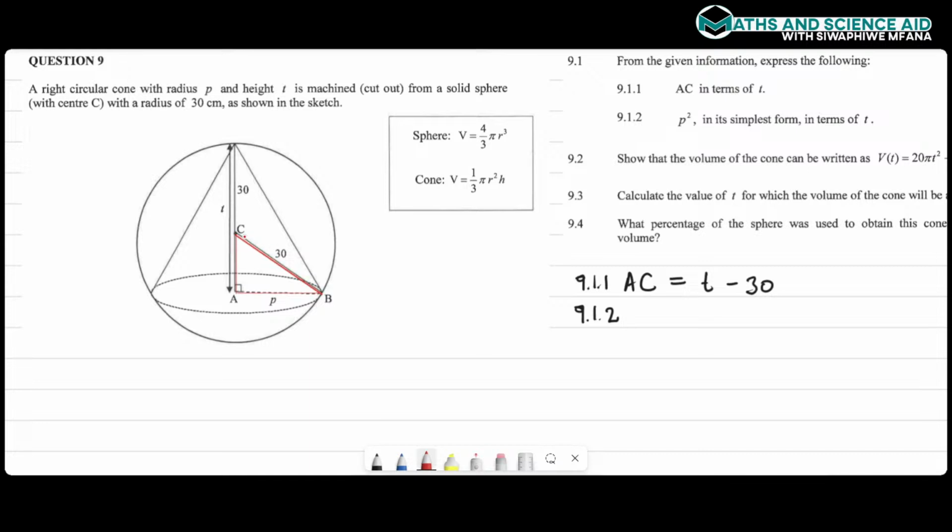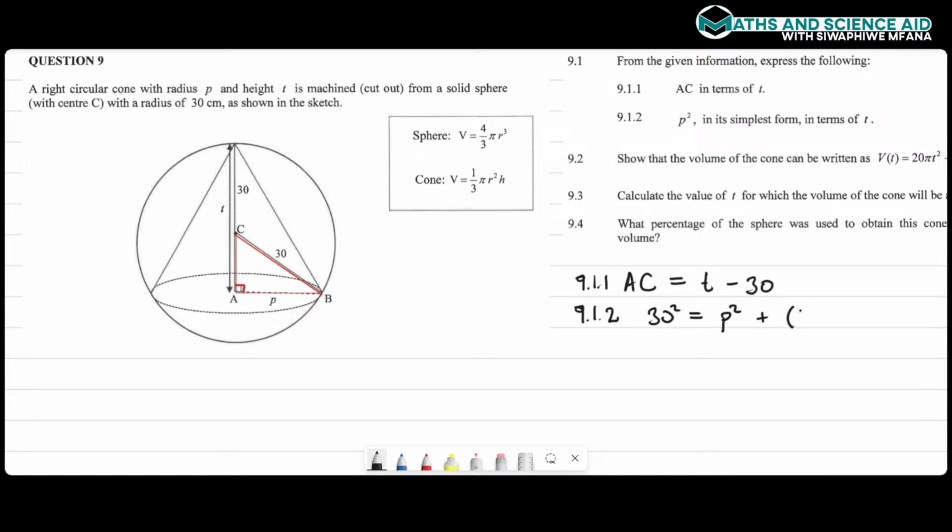We've got a right angle triangle and we've just worked out AC. We know the hypotenuse side is 30 and there is P. So let's just use Pythagoras theorem. The hypotenuse side here is 30 squared. The square of the hypotenuse side will be equal to the sum of the squares of the other two sides. So our P squared as well as AC.